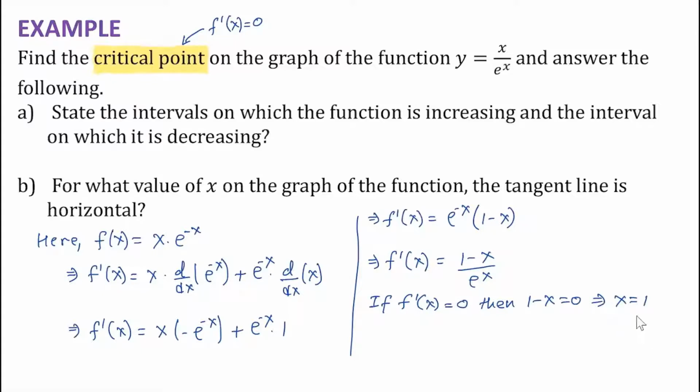So this implies x equal to 1. So x equal to 1 is the critical point.